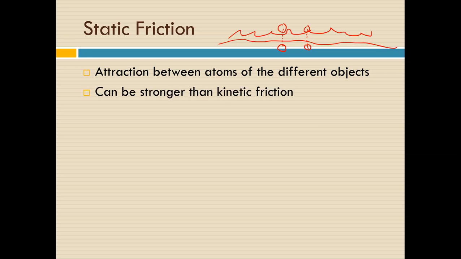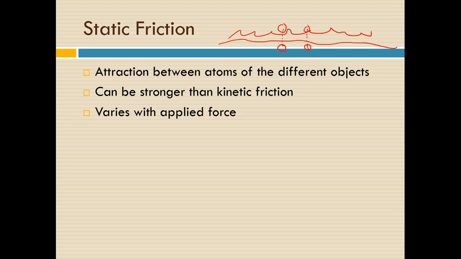The static friction is more often than not stronger than kinetic friction. Again, we've added these additional intermolecular bonds here. Okay? It will vary with the applied force. You push it a little bit, the static friction is going to get bigger, but it doesn't necessarily mean it's going to start moving. If you push it harder, the static friction continues to get bigger.